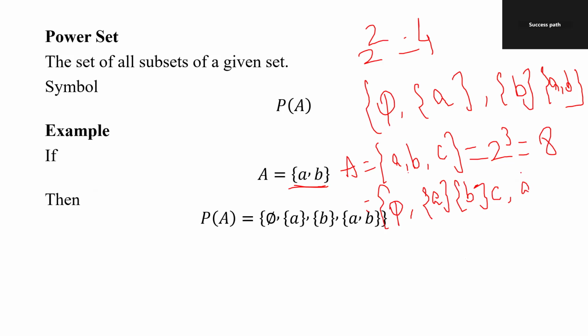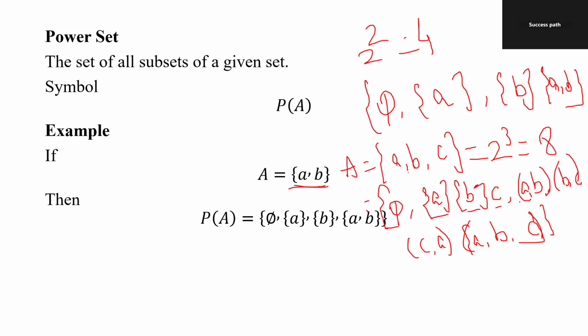Then A comma B, B comma C, C comma A, then A comma B comma C. Everything needs curly braces. So 1, 2, 3, 4, 5, 6, 7, 8.